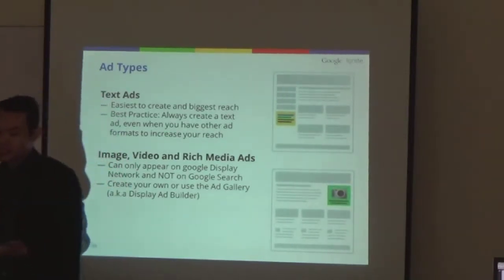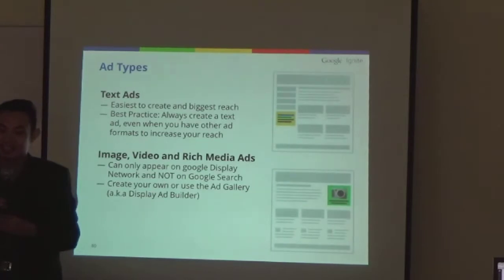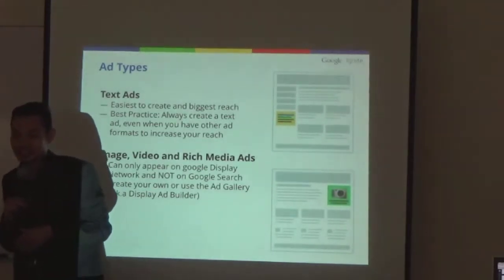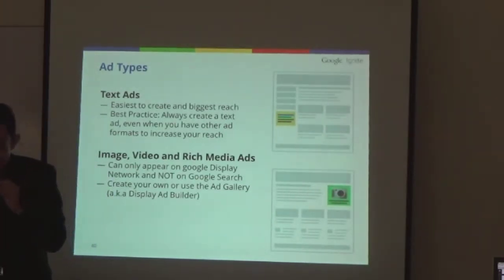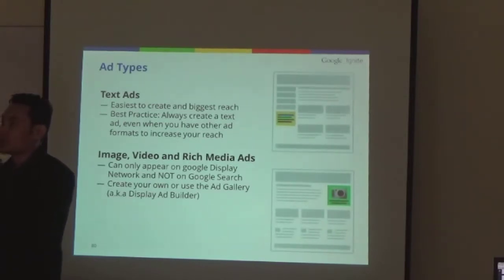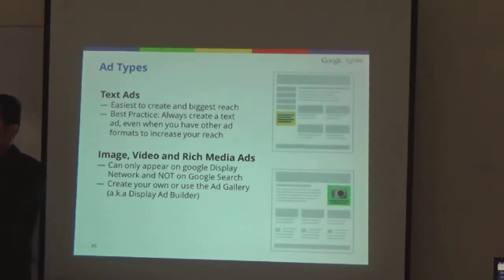You have more options, yeah? We have text ads as the traditional one. Number one, it's the easiest to create and has the biggest reach. It's a best practice that any advertiser who participates in display advertising, even if they have display ads, do create a text version, because not all publisher sites have the capability to show image or videos.